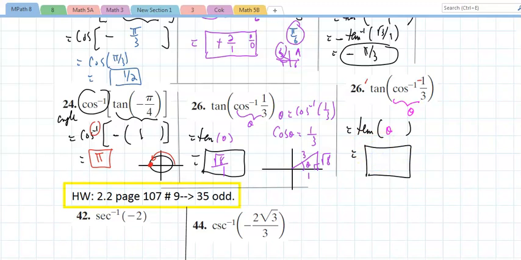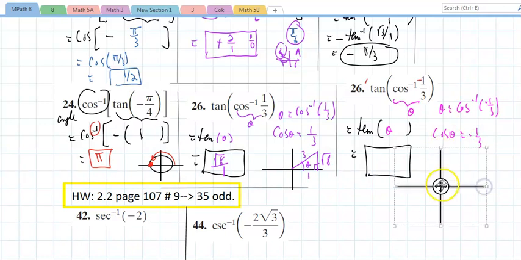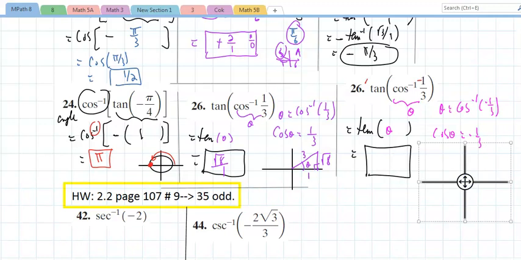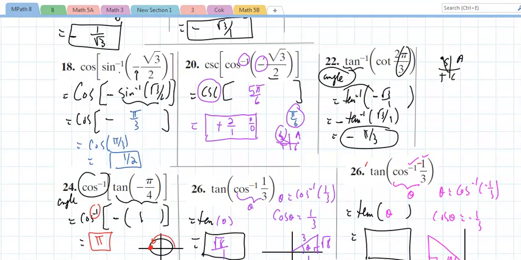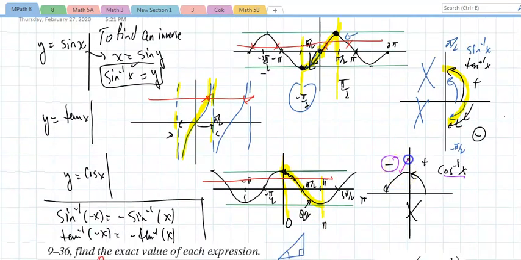The difference here now is that you let theta equal the inverse cosine of -1/3, which means that cosine of theta equals -1/3. An inverse cosine is only allowed to be negative in one quadrant. That angle must be in quadrant 2. How do I know that? An inverse cosine is negative only in quadrant 2. A sine in quadrant 4.